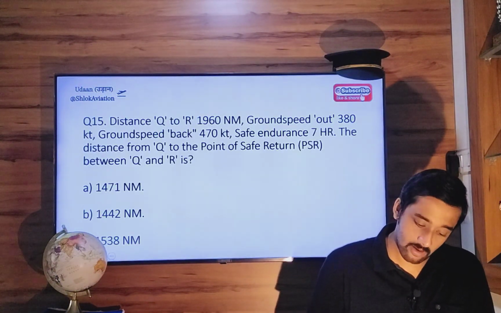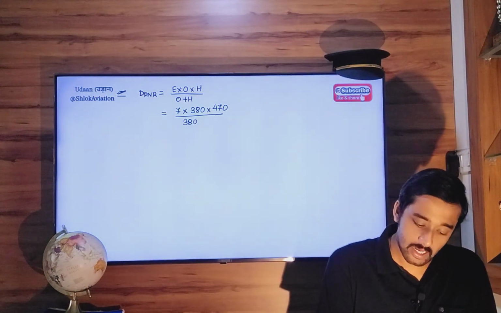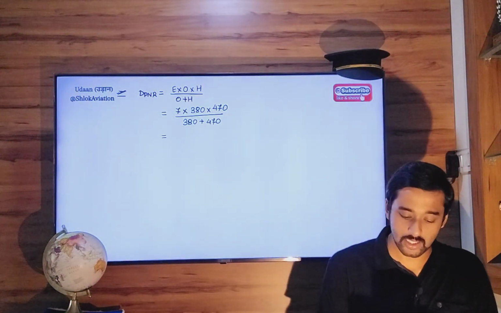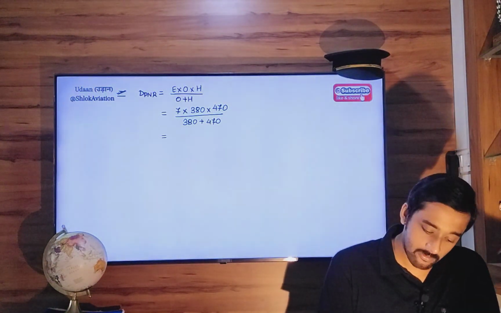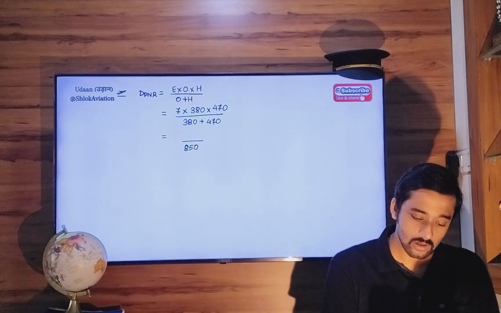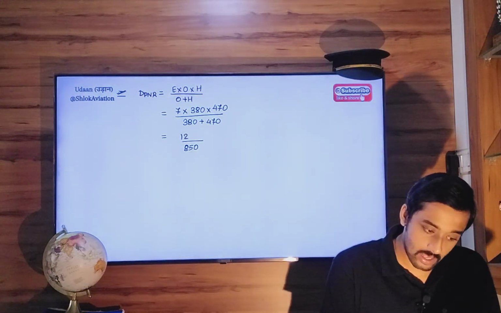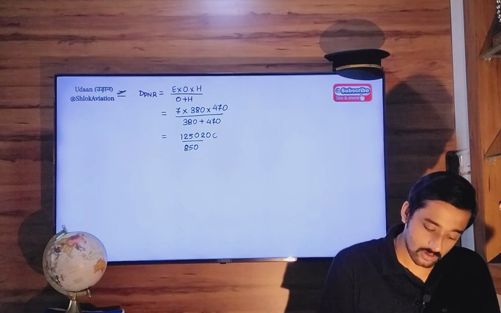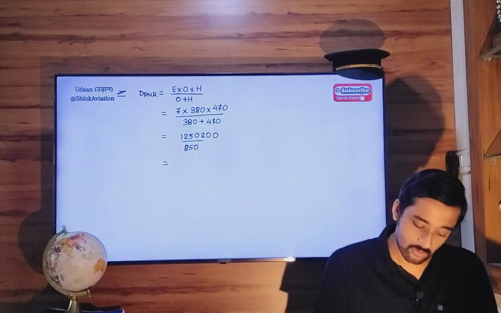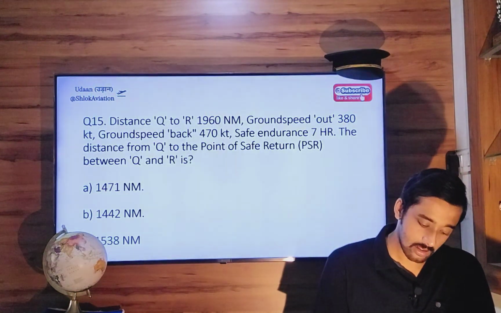What is homebound speed? 470, divided by 380 plus 470. So 380 plus 470 is 850. 7 into 380 into 470 is 1,250,200, divided by 850 is 1471 nautical miles. Option A.